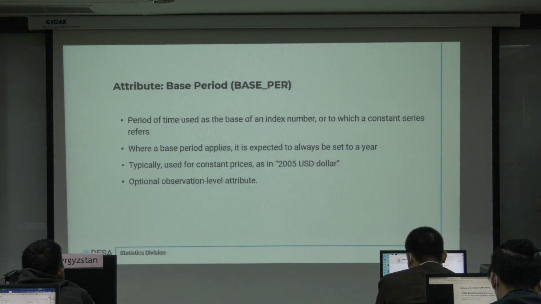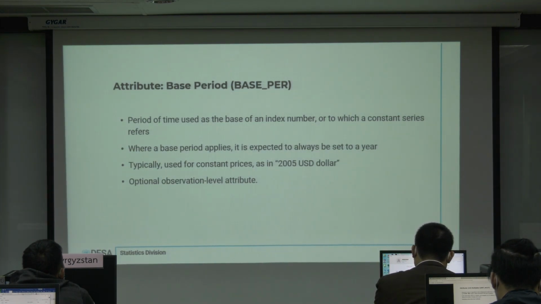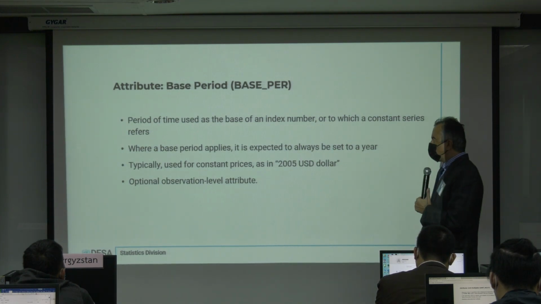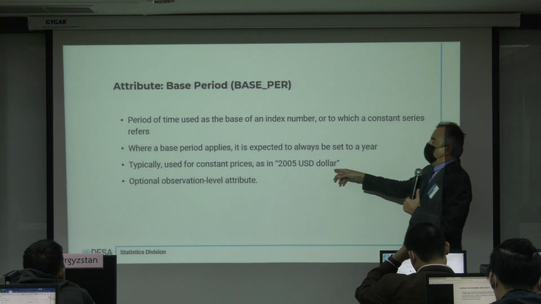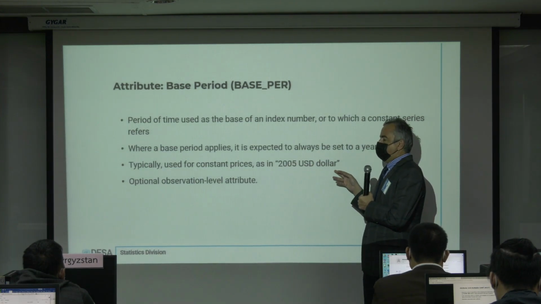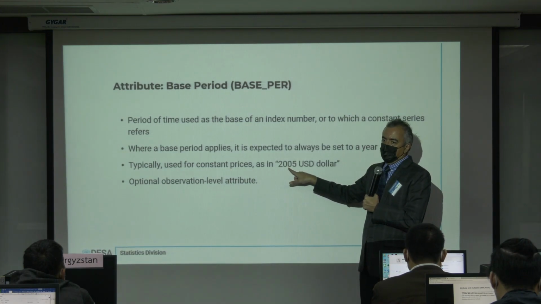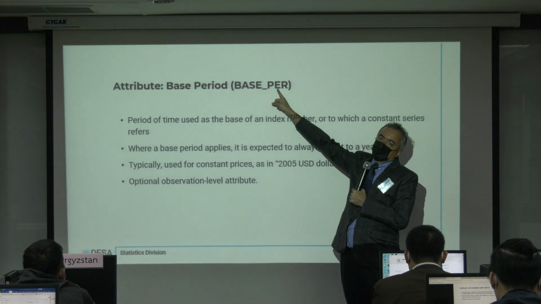Base period, in the context of the SDGs, is always used with constant price series. So if you have a series in 2005 US dollar, then 2005 goes into the base period attribute.